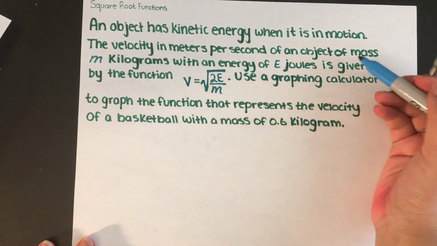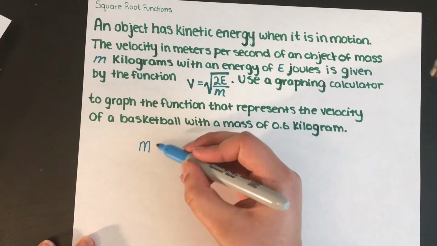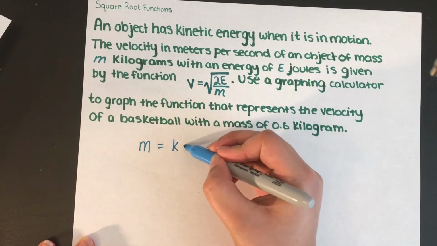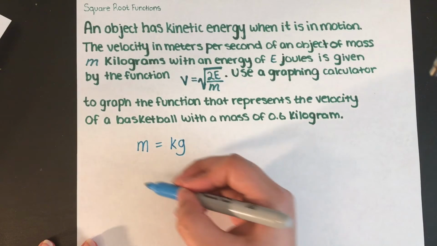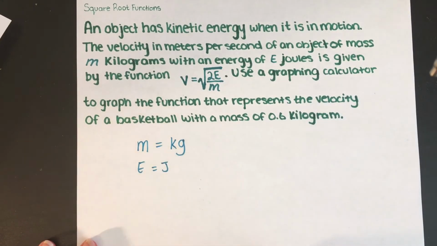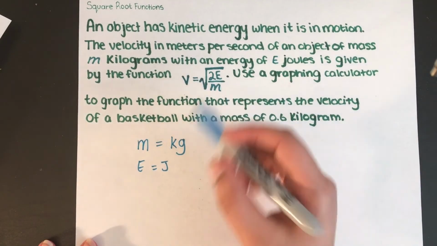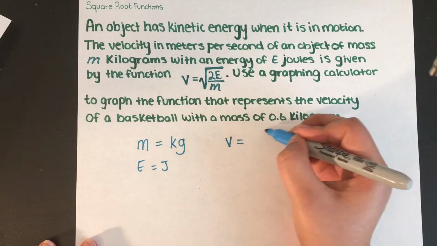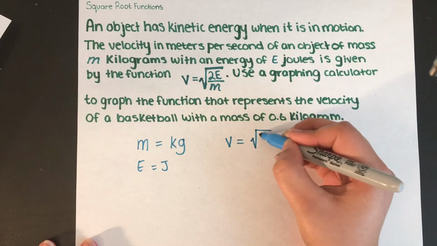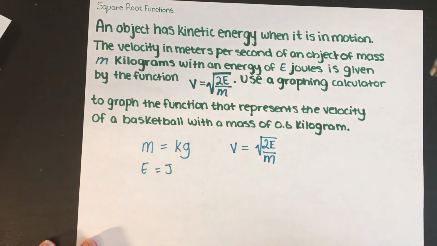It says that we have m representing kilograms, and e is representing joules. So here's our function. v is equal to root 2e divided by m.